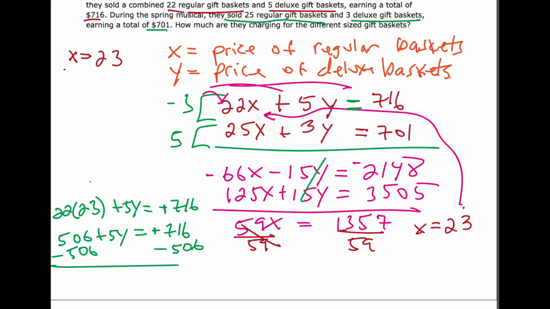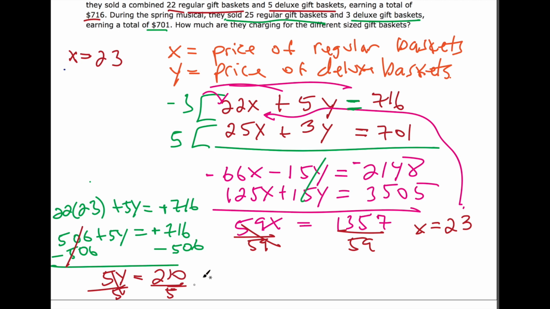So we have 0 eliminated on the left. Then we have 5y equals 716 minus 506, which is 210. Okay, divided by 5, divided by 5.